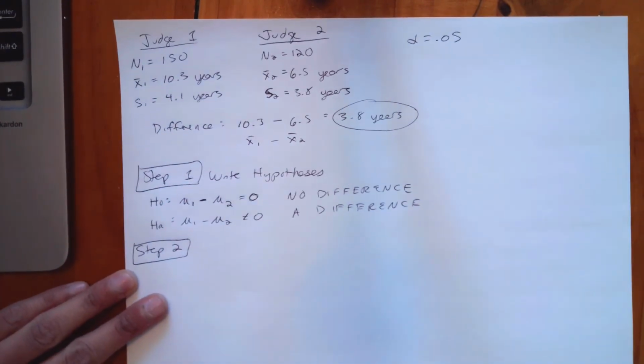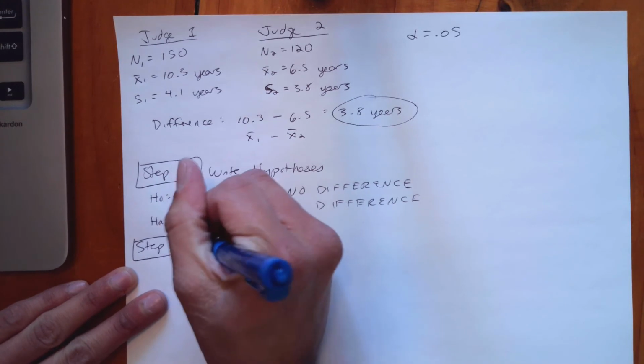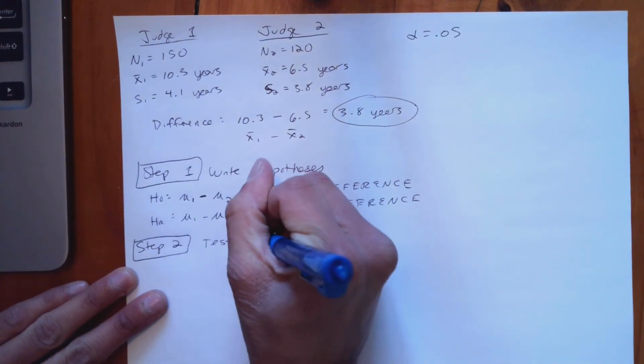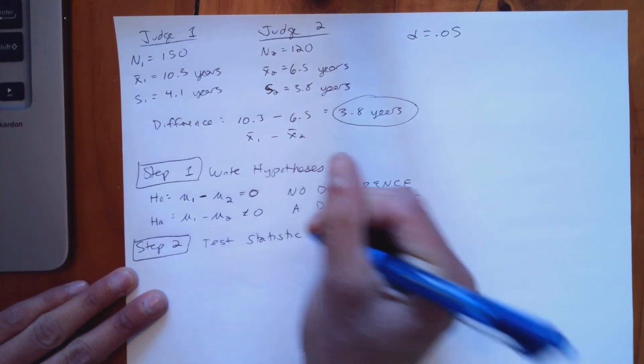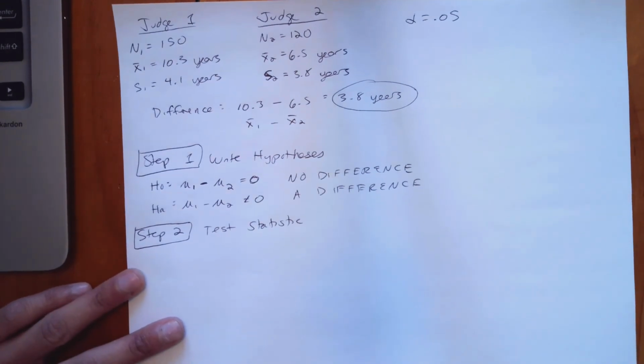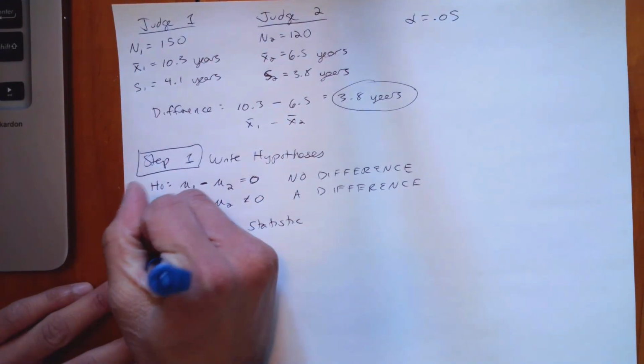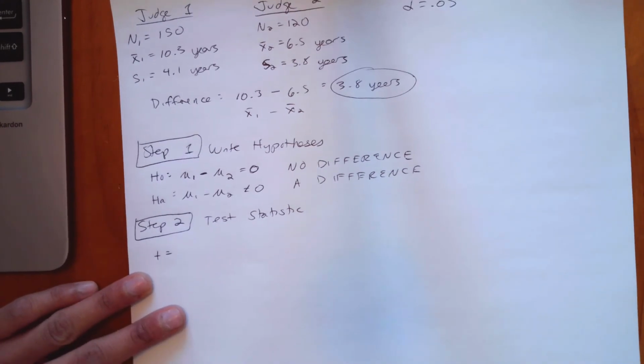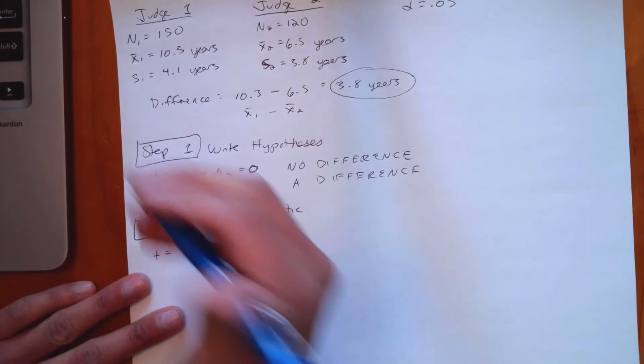Step 2 is to find a test statistic. In our two-sample t-test, the test statistic that we look for is t. In future weeks, we'll meet some other test statistics, but this one's t.